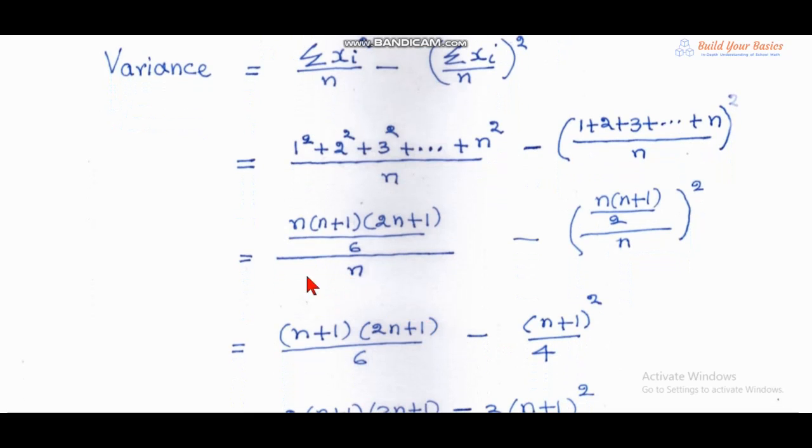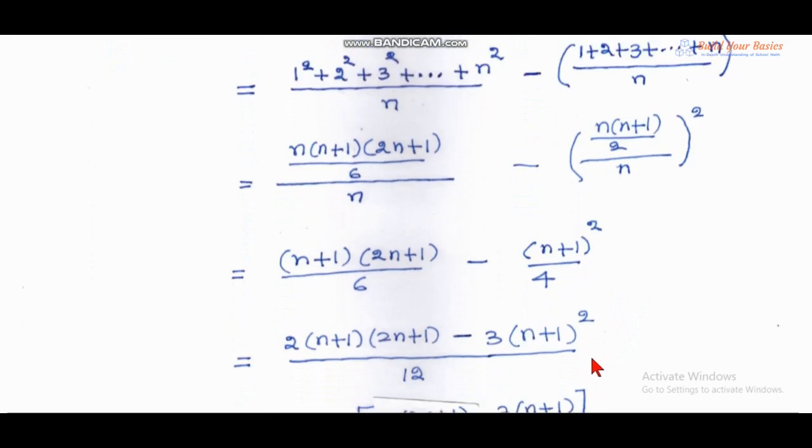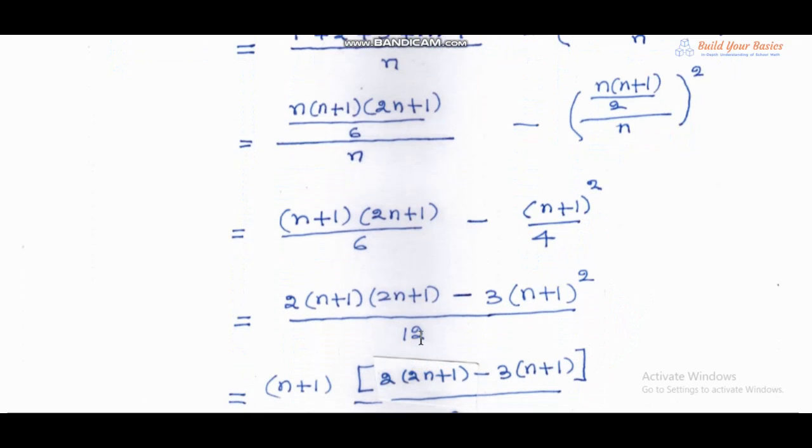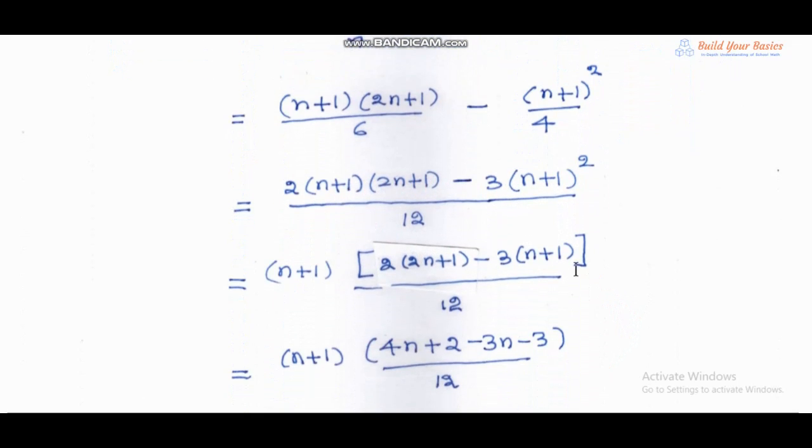N will get cancelled. So n plus 1 into 2n plus 1 divided by 6 minus n plus 1 whole square divided by 4. LCM 12. 2 into n plus 1 into 2n plus 1 minus 3 into n plus 1 whole square. We can take n plus 1 as common factor.